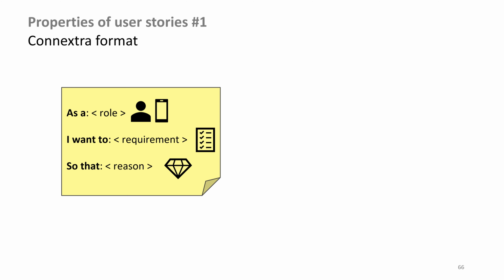As, then you specify a role. I can, some function that I would like to have in the future, so that, and describe the added value. The role can be a person, a device, or a system.